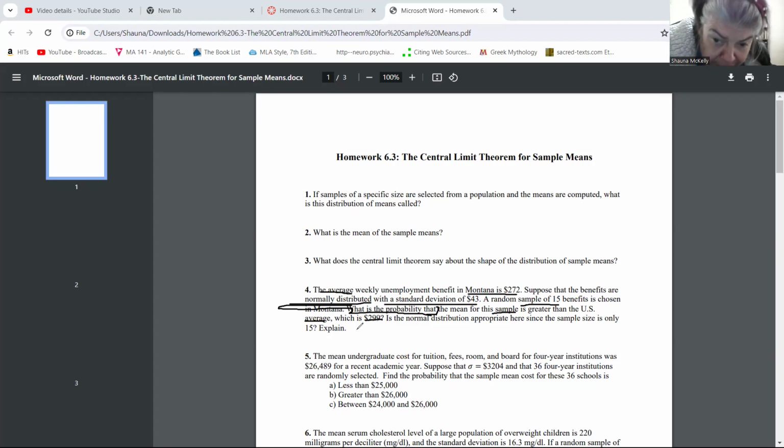So that's a lot of information to take in. Let's break it down. Average, this word, when you see it, signifies the mean, okay?